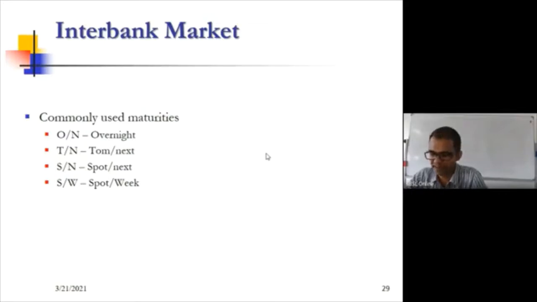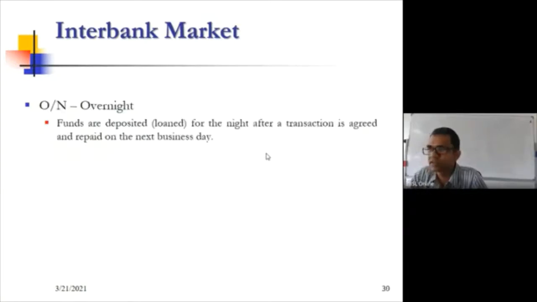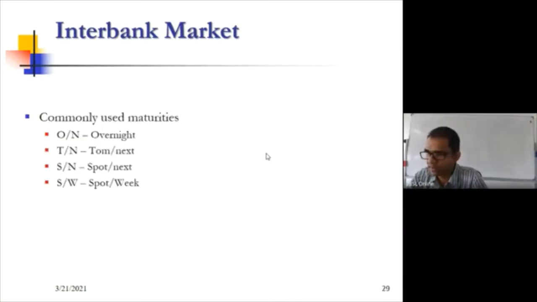There are commonly used maturities: overnight, Tom next, spot next, and spot week.